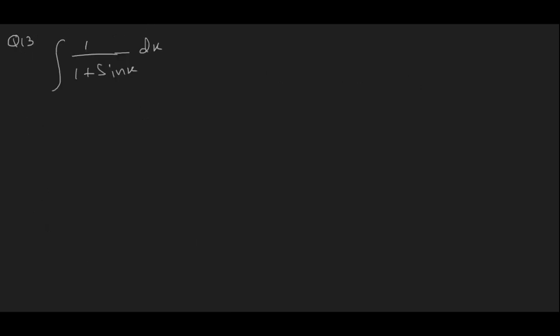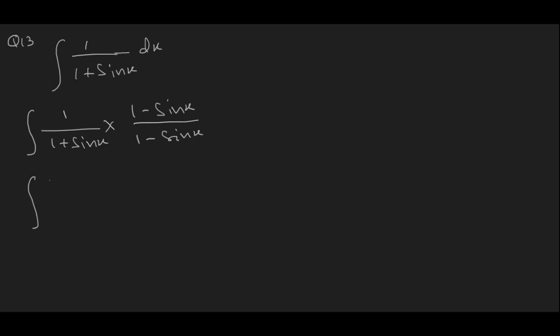Now in this question, we will rationalize the denominator as 1 over 1 plus sin x multiplied by 1 minus sin x over 1 minus sin x.